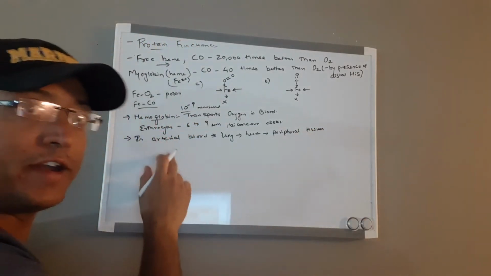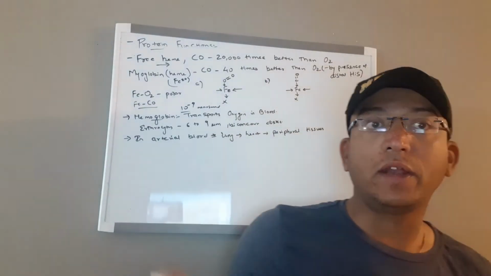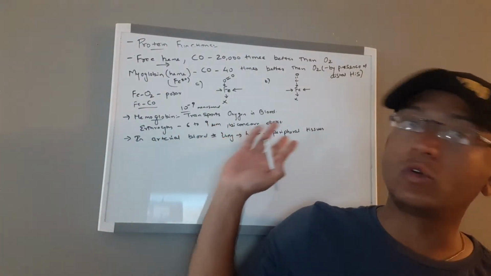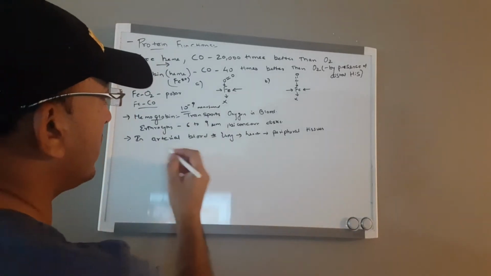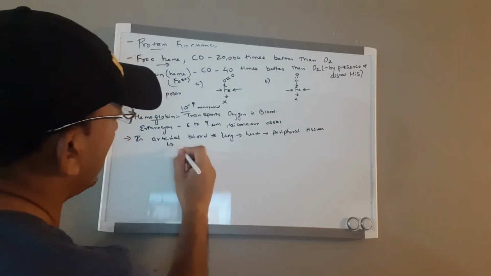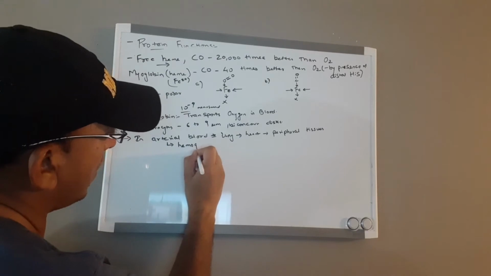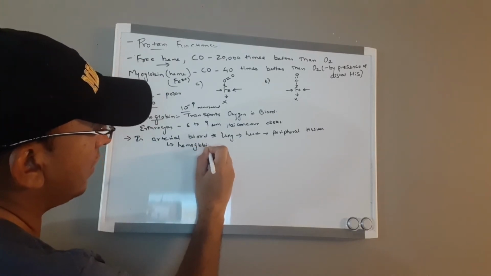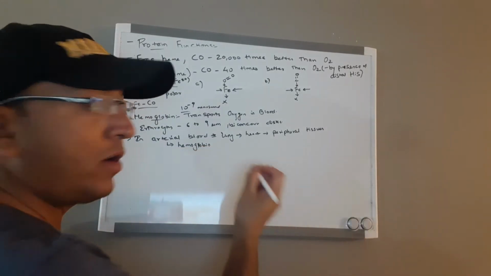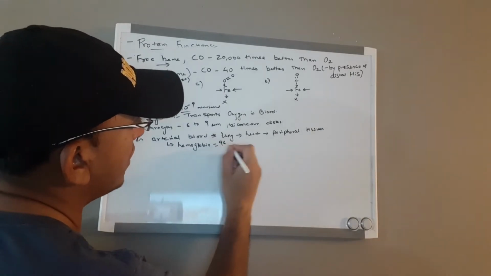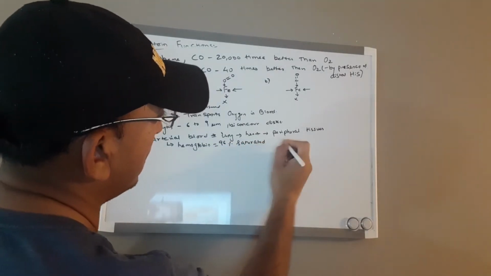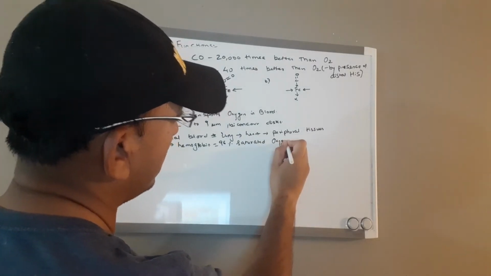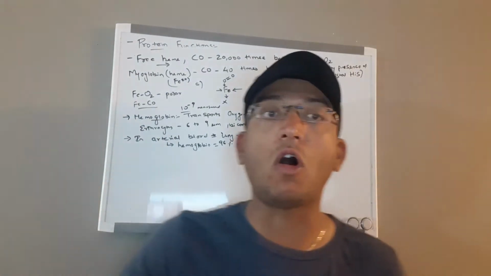The arterial blood, passing from the lungs to the heart to the peripheral tissues: in this, hemoglobin is about 96% saturated with oxygen. So this hemoglobin is almost fully carrying oxygen, right?